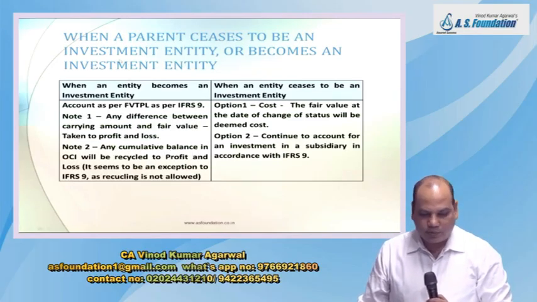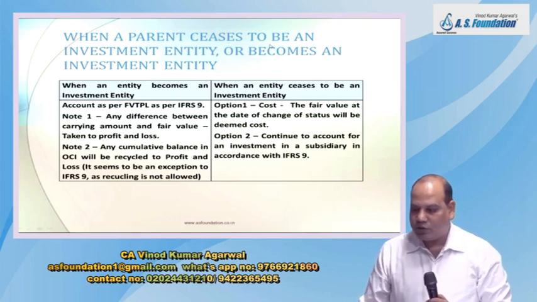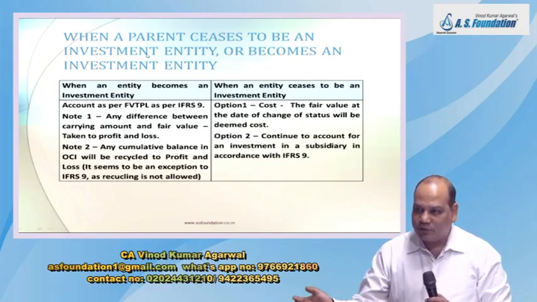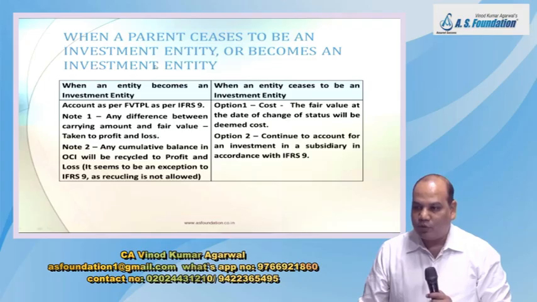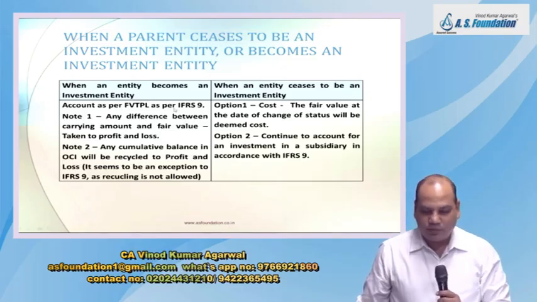This paragraph, number 8. When a parent ceases to be an investment entity, or when a parent company becomes an investment entity, that means investment entity to non-investment entity, or from non-investment entity to investment entity. So there are two possibilities which I have summarized in the form of a small table.